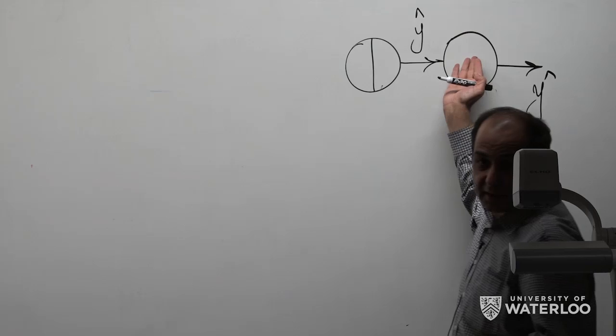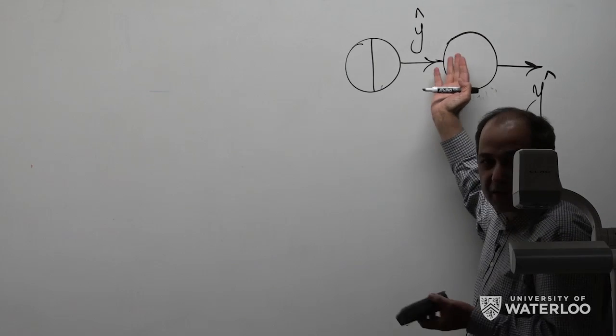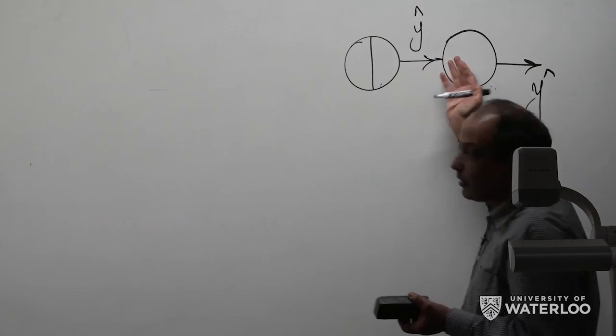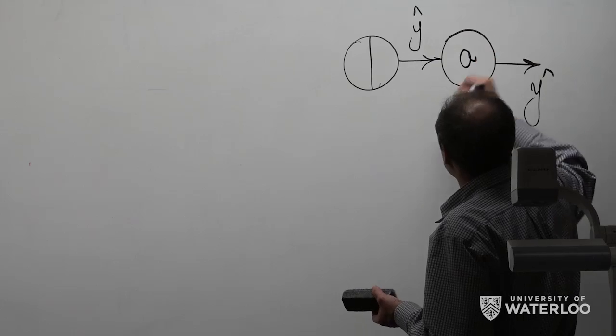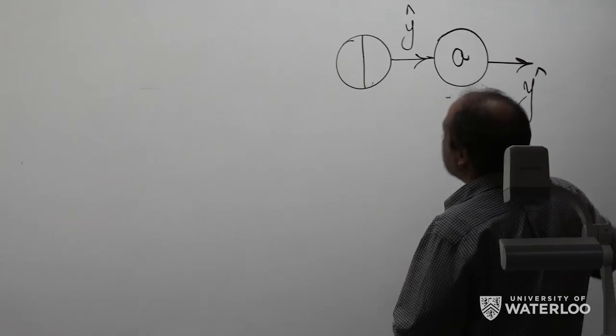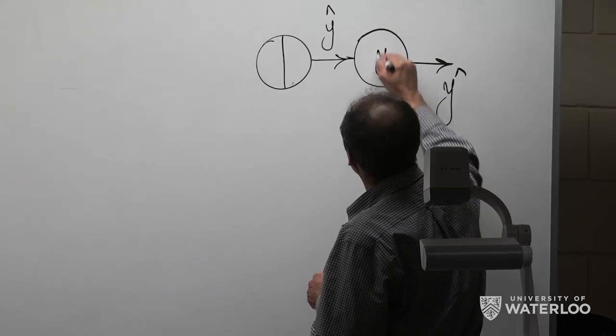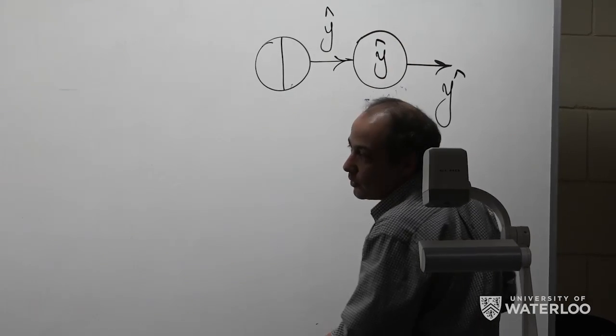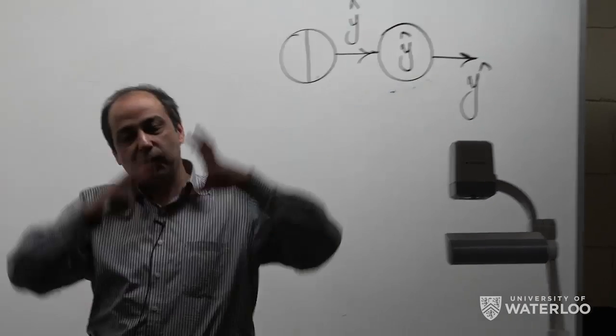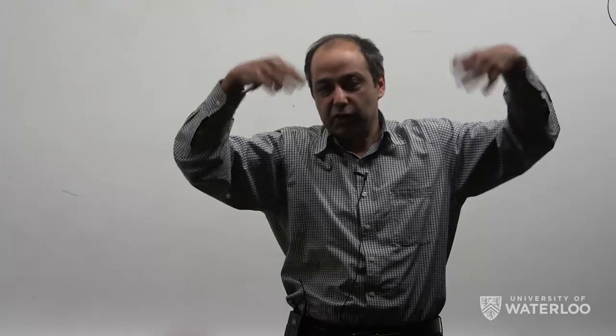It doesn't do anything. It doesn't have any nonlinearity. A comes here and goes out. Or say y hat comes in and goes out. So suppose that's my last layer. My last layer is just the output. Okay?